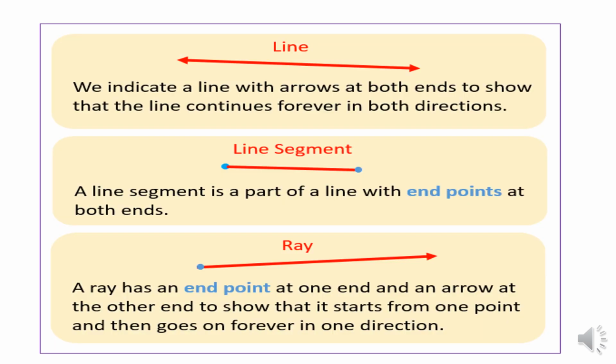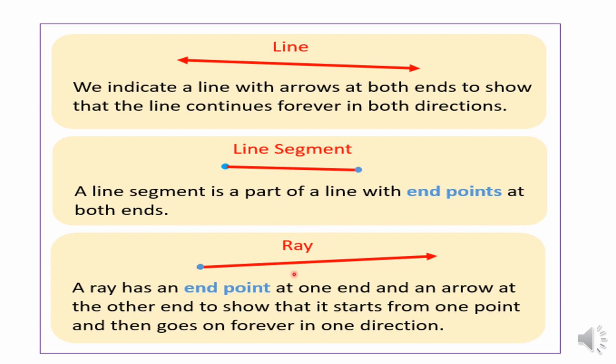So again, let's revise. We indicate a line with arrows at both ends to show that the line continues forever in both directions. So if I have a line with two arrows, I should know that this is what I mean by the line. For the line segment, I didn't have any arrows. I have only two ending points. Here is the first one, and here I have the second one. What about the ray?